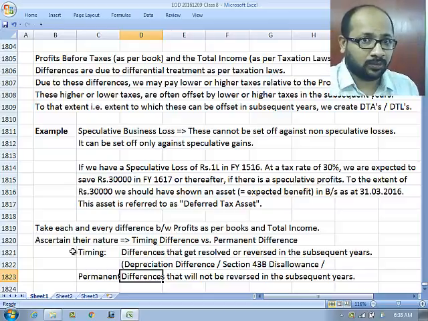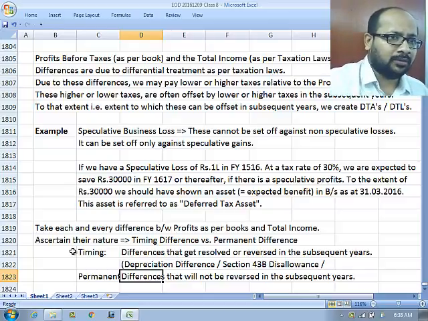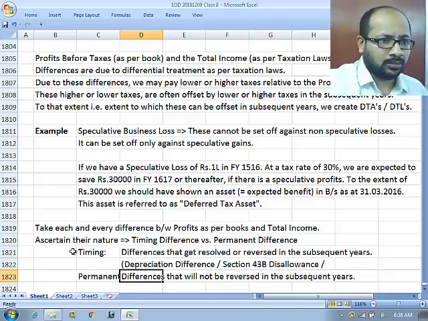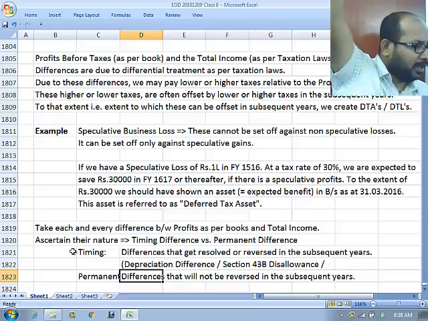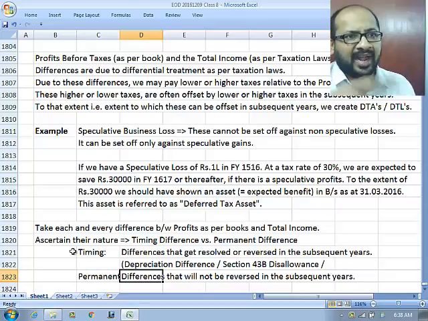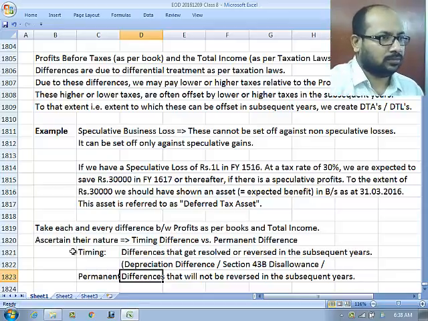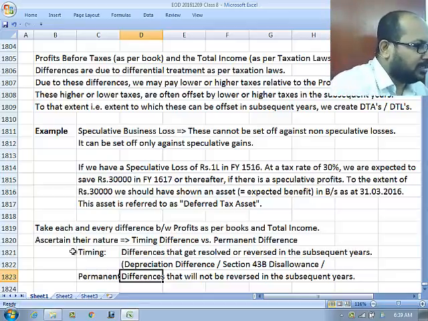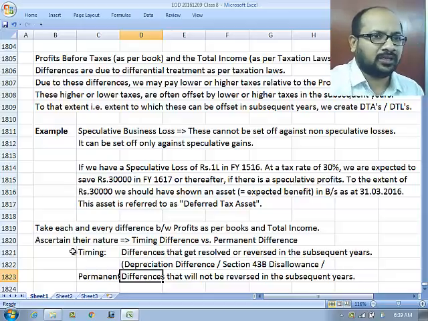Therefore, I would not have paid that amount on or before 30th September. Even though I would have debited it in my P&L account, while computing total income I will add it back, stating it is disallowed. Since I am adding back, does it mean that I can never claim this deduction at all? The answer is no.